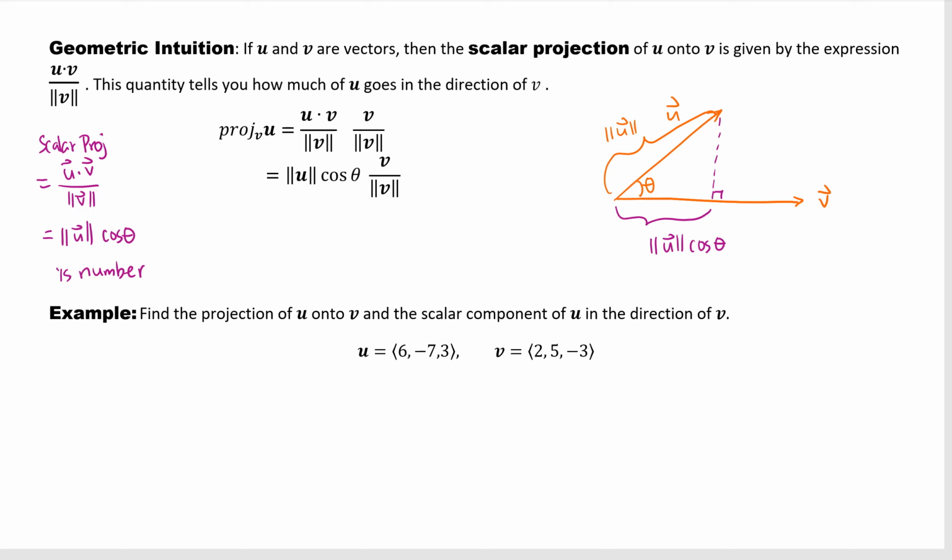And next, the projection of u onto v is a vector. The length of it equals the component of u in the direction of v, and the direction is in v. That's why you see this unit vector, the unit vector in the direction of v. So we have the length and we have the direction. The projection of u onto v is a vector, not a number.